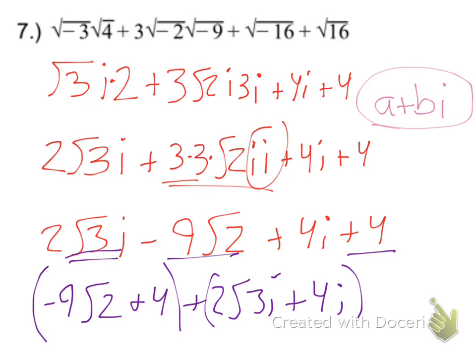That cannot be B. Why? No, not because it has a square root. There's more than one i. The i should be at the end of B. The i needs to be here with B in front. So that means, wait a minute, this has an i, that has an i. What can I do with the i?